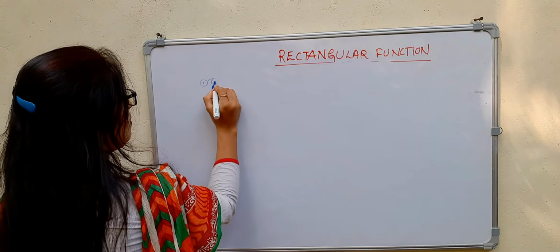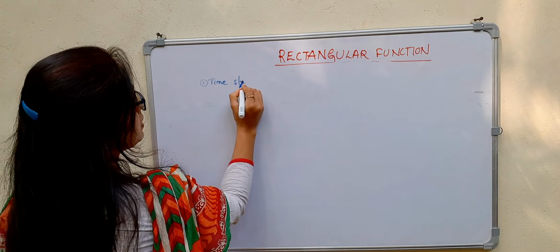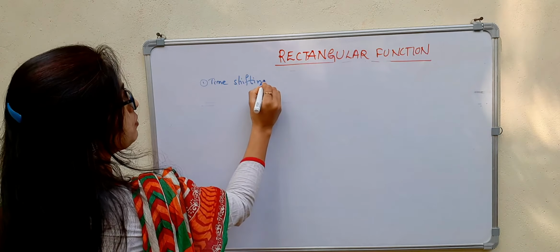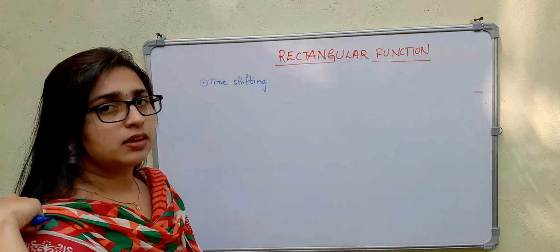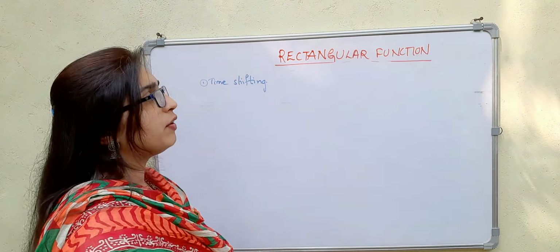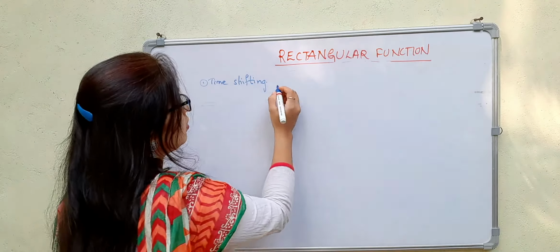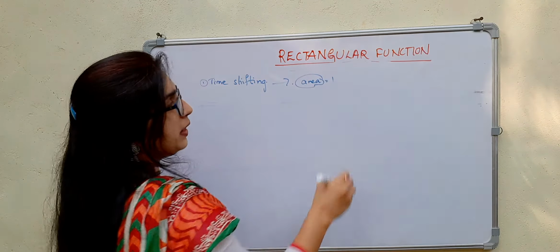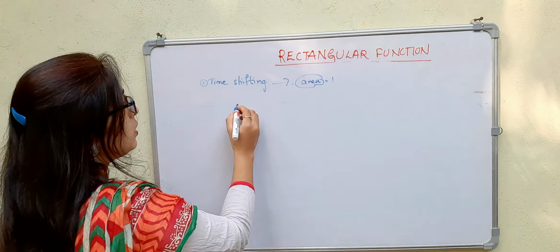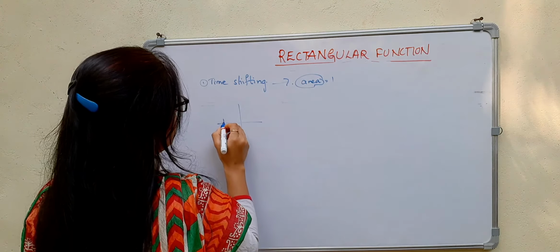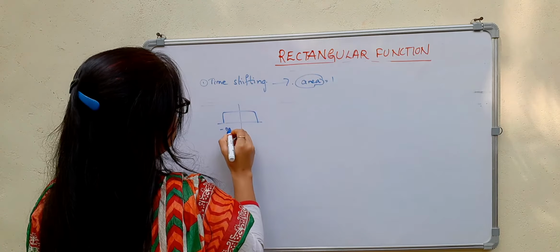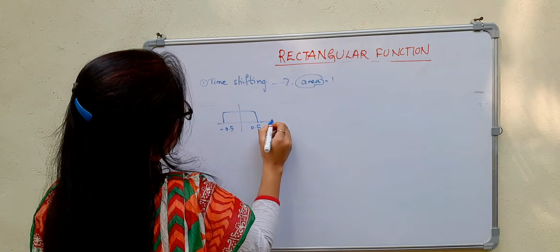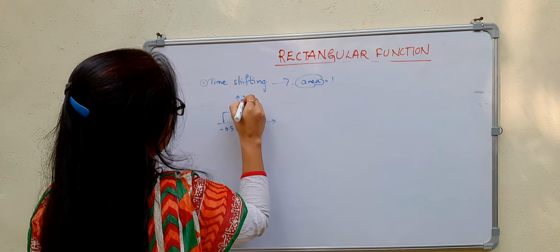See, time shifting, time scaling, time reversal, none of these will have any effect on the area, right? Area is unaffected, so it will be equal to 1. So let me consider our unit rectangular function.